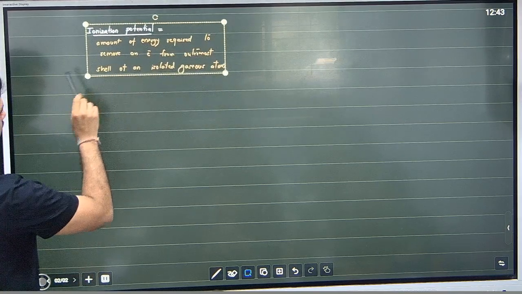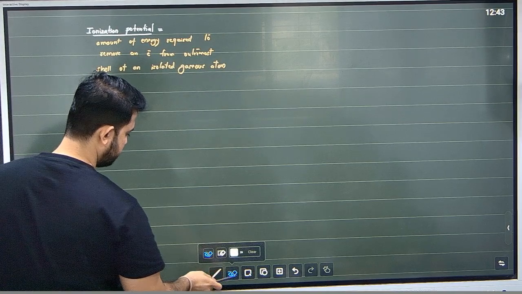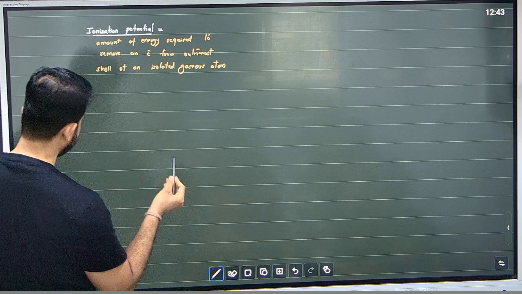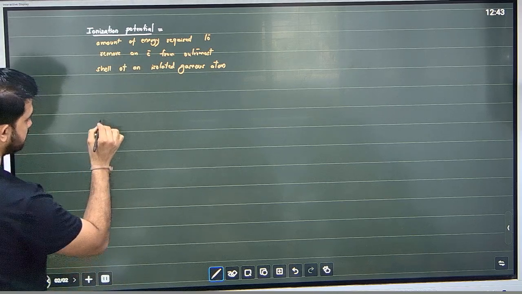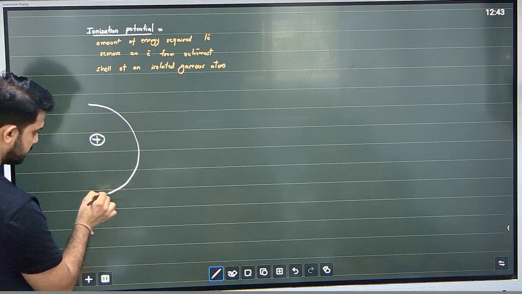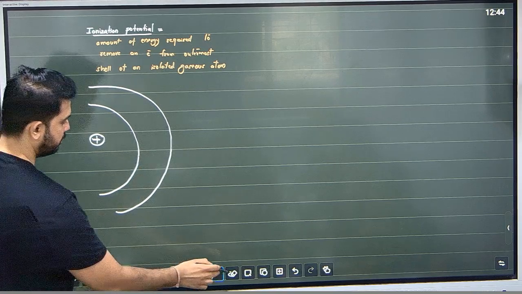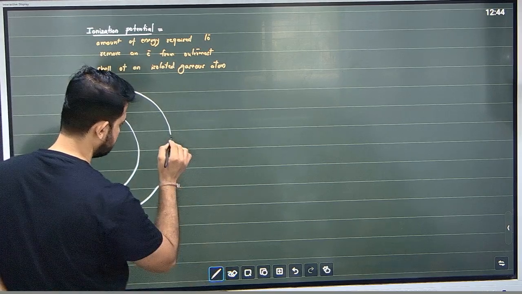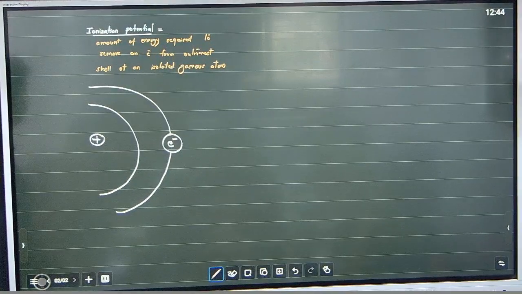So let's say we have, people, let's say this is our nucleus. And let's say we want to get rid of this electron. So what is ionization energy?